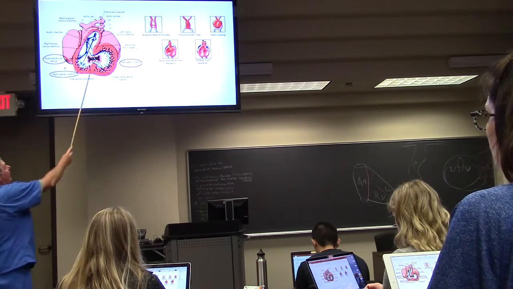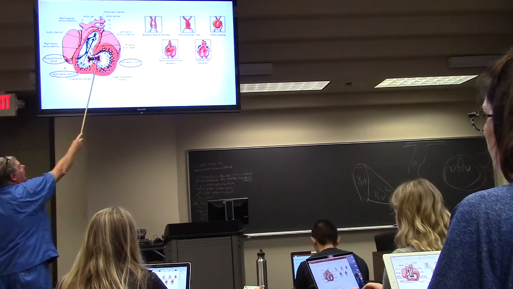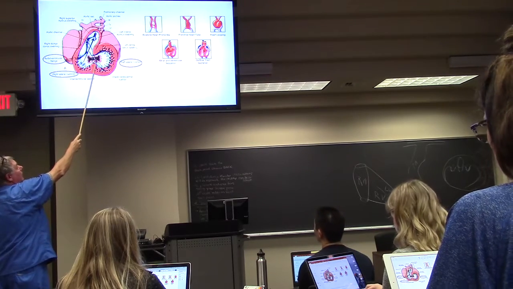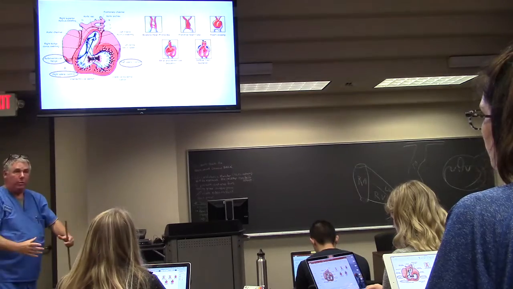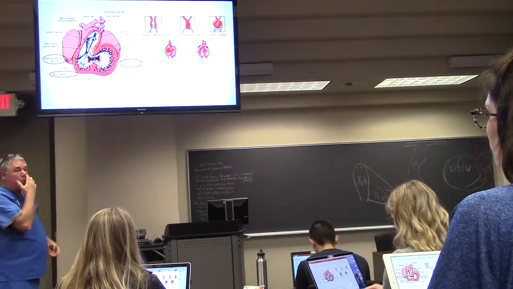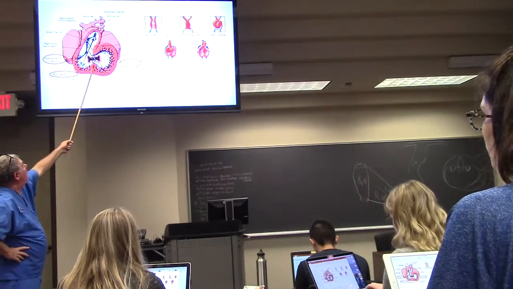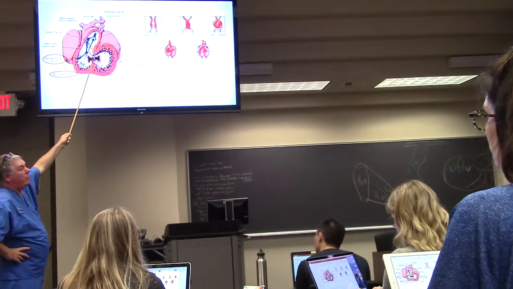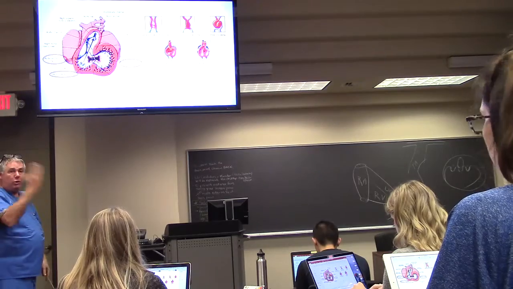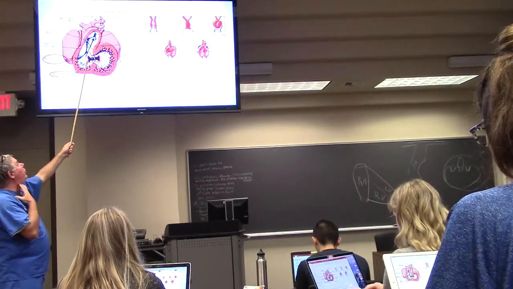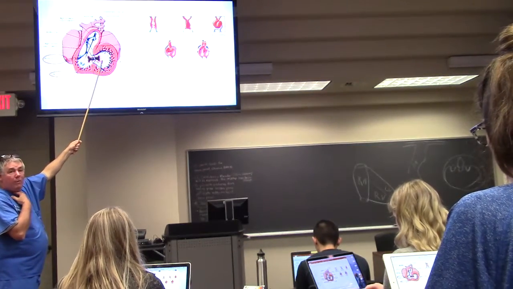So this right here represents the opening of the atria. It's a single opening. Remember, it's a single tube. What we need to do is take this septum and shoot it right towards the middle there to divide that one opening into two. Those will be your two, what valves?